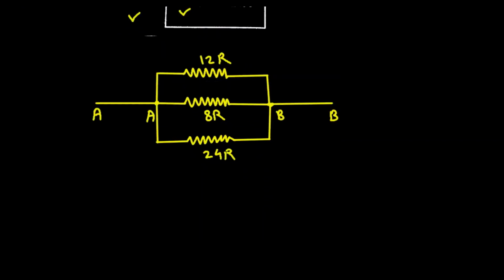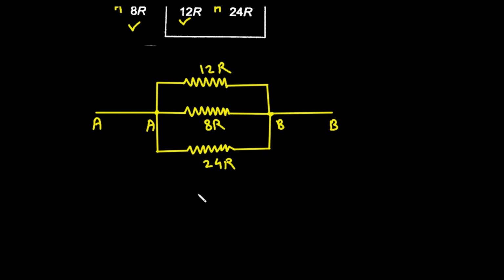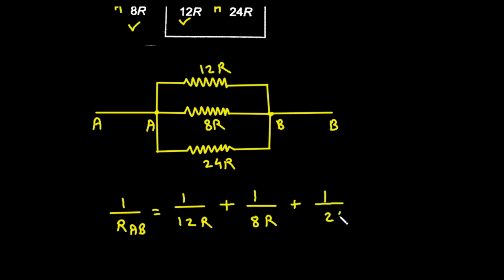Now if we want to determine its equivalent resistance, it will be 1 upon R A B is equal to 1 upon 12R plus 1 upon 8R then plus 1 upon 24R.